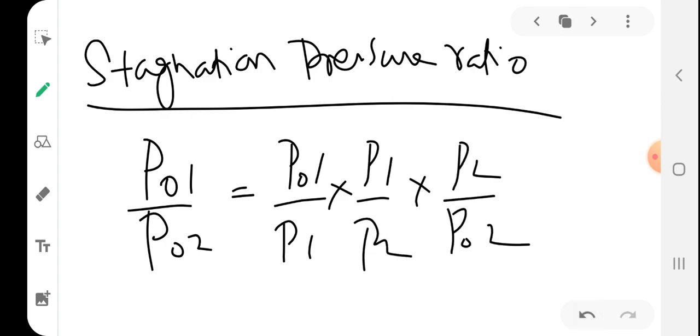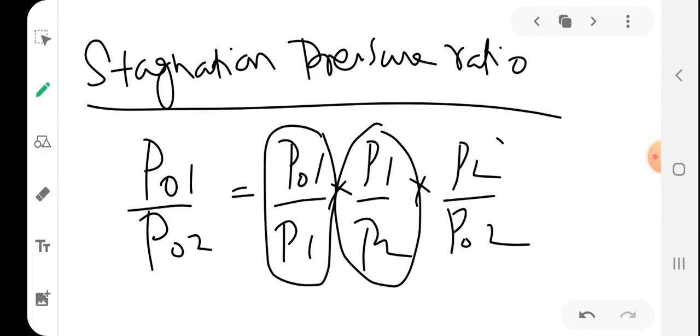I am putting P01 by P02 in a different way. So P1 by P2 is already obtained, and P01 by P1 you know. P2 by P02 also you know. What is P01 by P1?